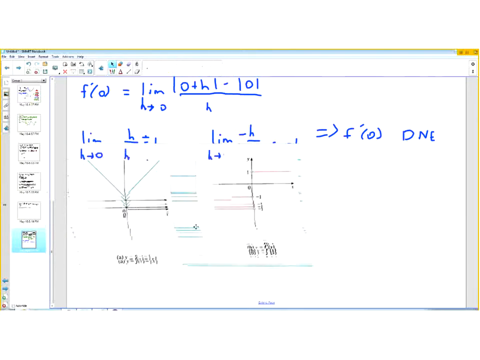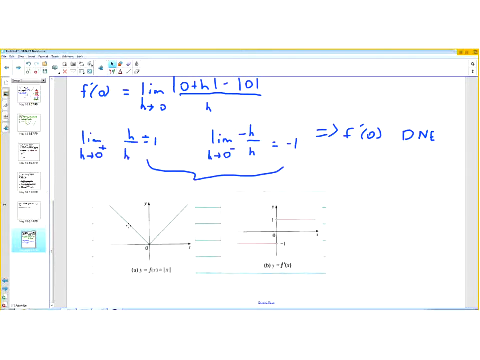The blue curve is the graph of the absolute value function, and the red curve is the derivative of the absolute value. As we've shown, f prime of x is 1 for x greater than 0, f prime of x is negative 1 for x less than 0, and at 0, it doesn't exist. The red curve is the graph of the derivative of the absolute value function. And it makes sense.